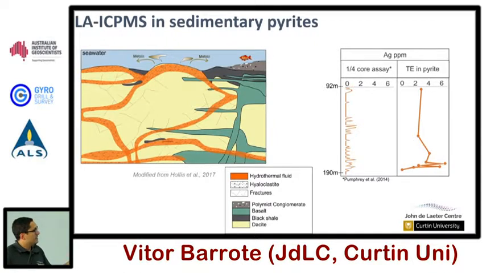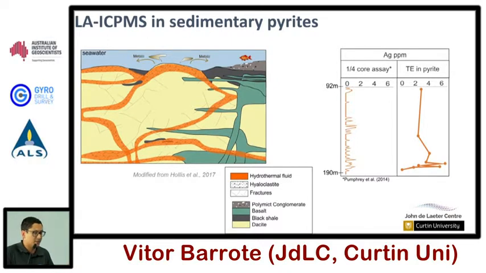So the idea is, if you have a distal sedimentary sequence which contains sedimentary pyrites, by looking at the trace element content of different positions, you might be able to track activities which are happening close by or a little bit distal to that.